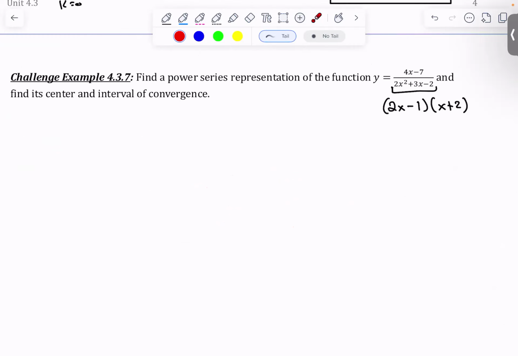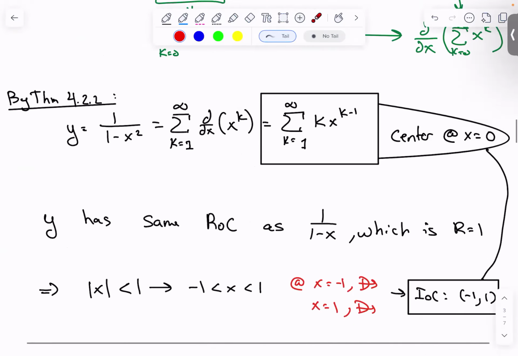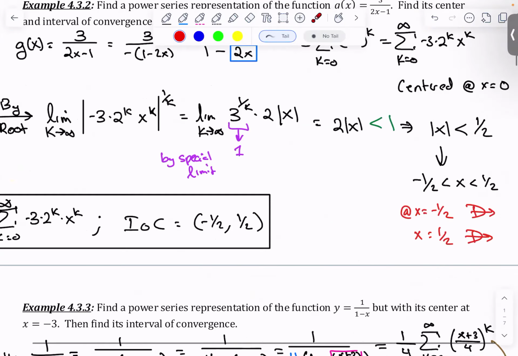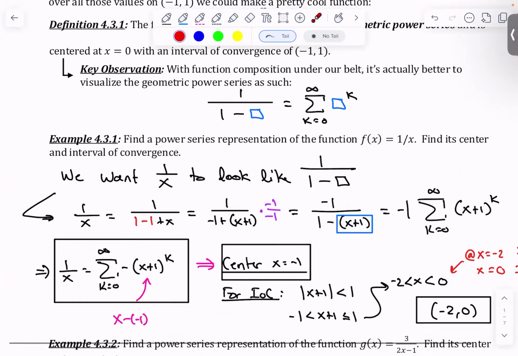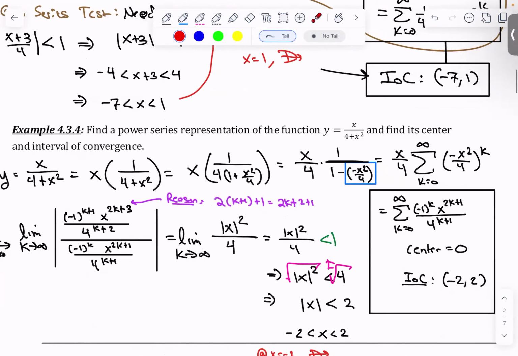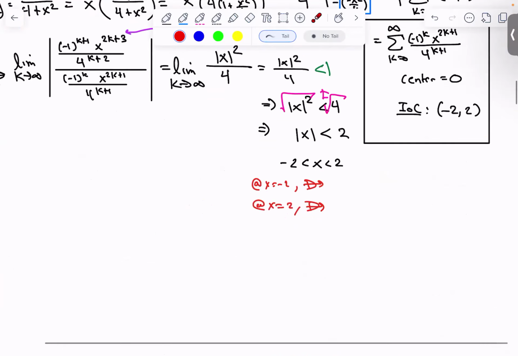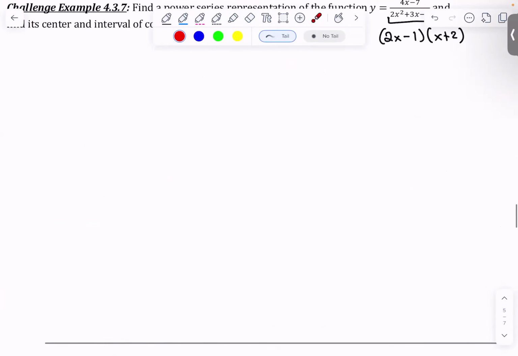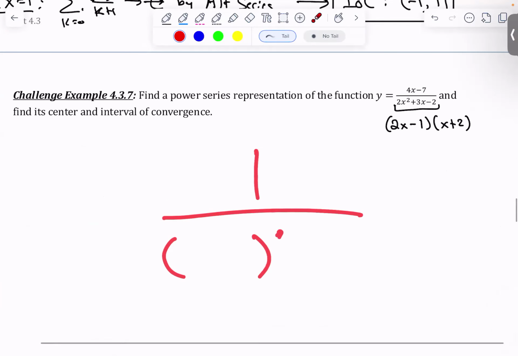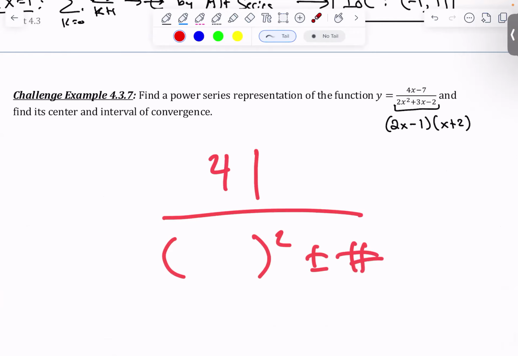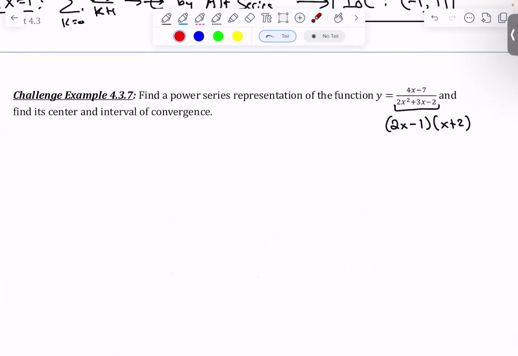That makes this difficult to write, because unlike the previous situation, right here, where we already had our center at 0, so we could just multiply the x in and it was all fine and dandy. That's not going to be very helpful if we have 1 over something squared plus or minus a number, and we have a 4x minus 7 here, and I can't bring this inside. That's going to be a problem.